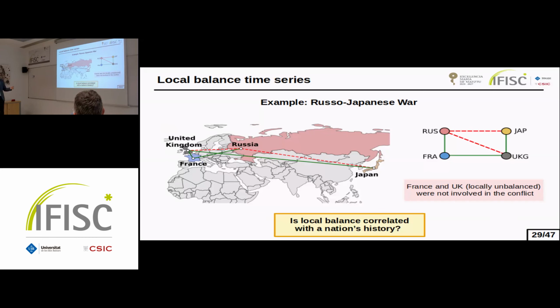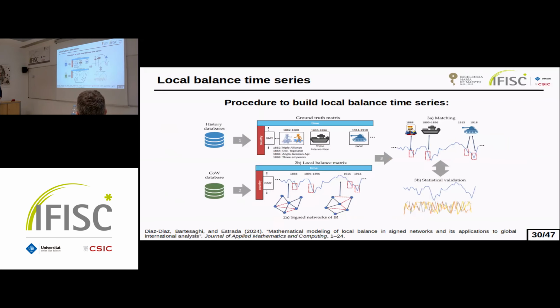So our hypothesis is whether the topology, the structure of the international relations, influences or is correlated with the historical developments. And to test this, we developed a statistical procedure which compares data that we obtained from independent historical databases with, say, local balance time series that were extracted from alliances and enmities lists extracted from the Correlates of War database.